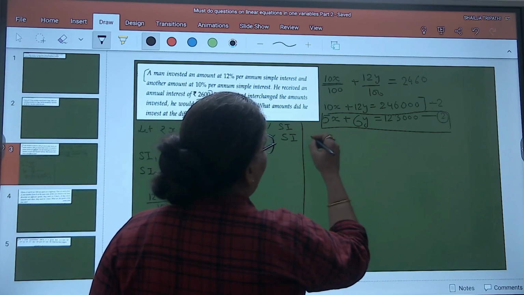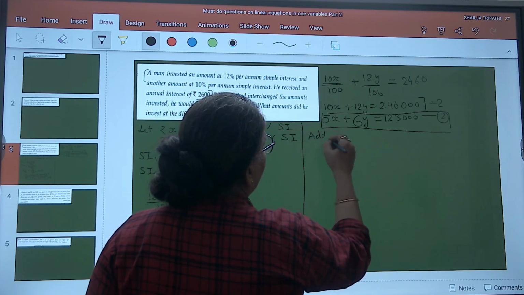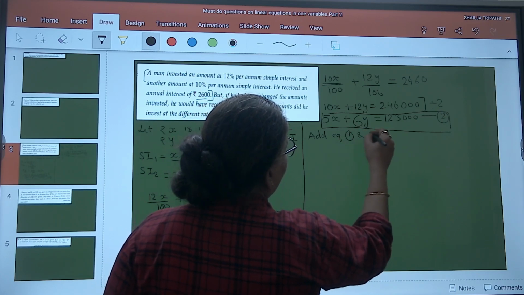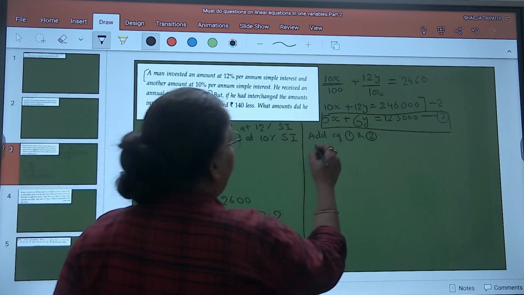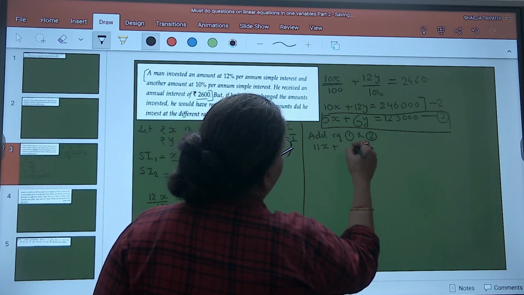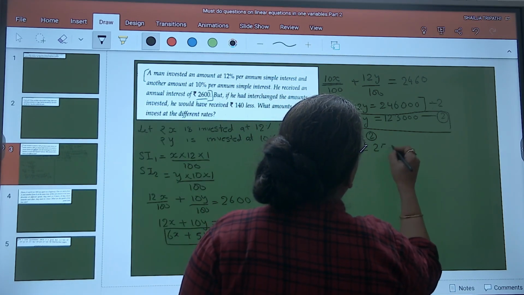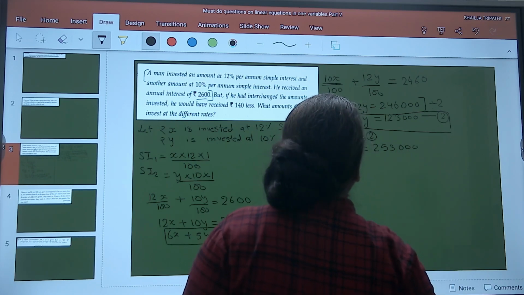So first we'll add equation 1 and 2. See, if you add 1 and 2, what you get? 11x plus 11y is equal to 253 followed by 3 zeros.